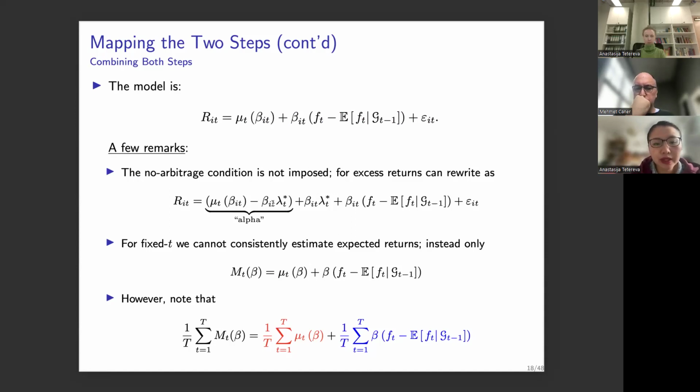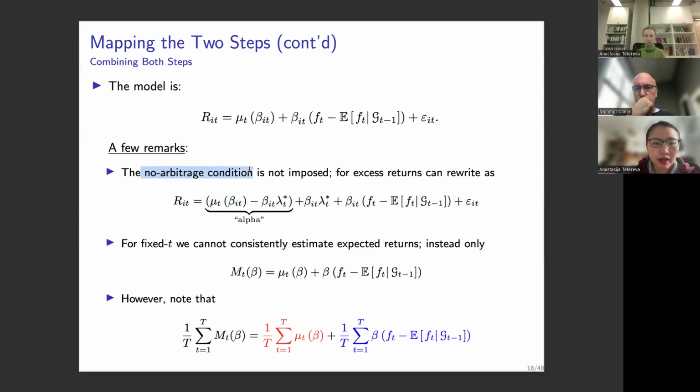So in particular, the non-arbitrage assumption should be associated with some linear structures of these alphas in terms of beta. Any departure from this linear structure would be saying a departure from the non-arbitrage assumption.